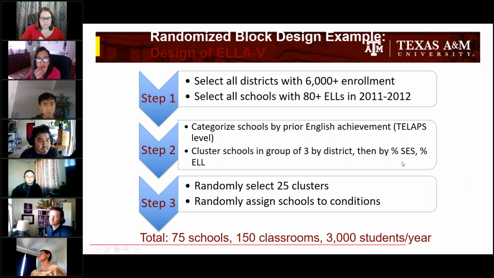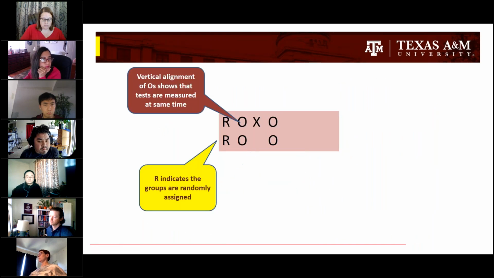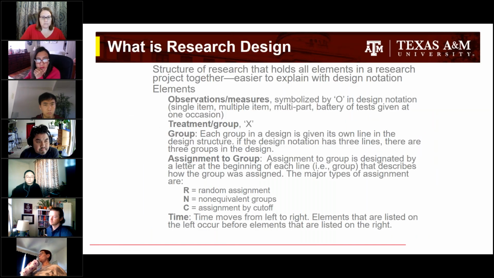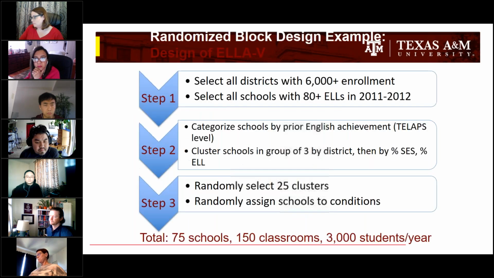So it was equivalent in the beginning. Now, along the way, that's the thing about attrition in terms of the school and the classrooms. We may have had a teacher or a class or a school that said, you know what, we're overwhelmed. We've had these issues with so many teachers leaving, and we just can't participate.